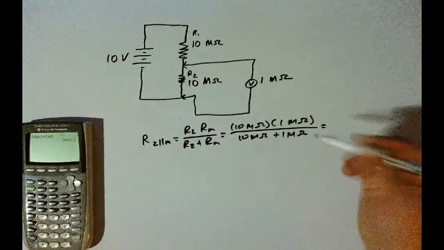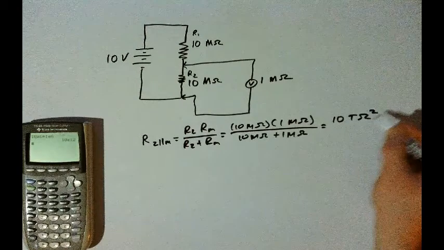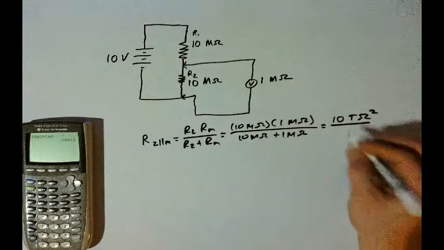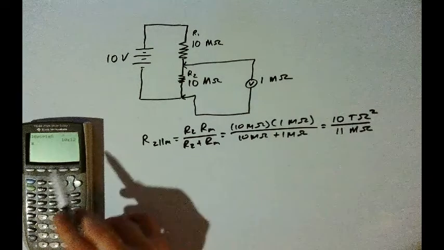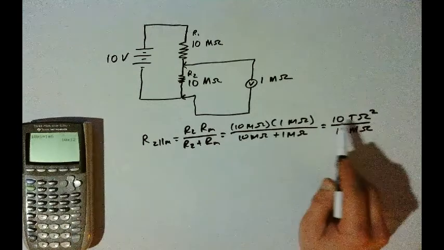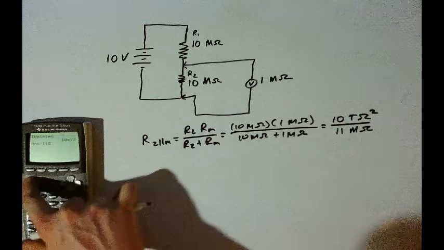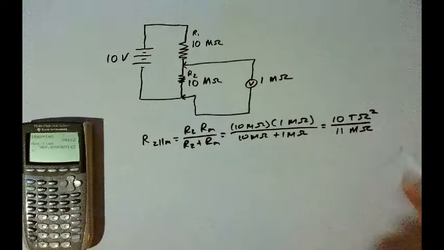And so if we take this 10 times 10 to the 12th, or 10 tera ohms, and we divide by 11 mega ohms, we get, I'll write it down here, R2 in parallel with the meter will be 909 kilo ohms.